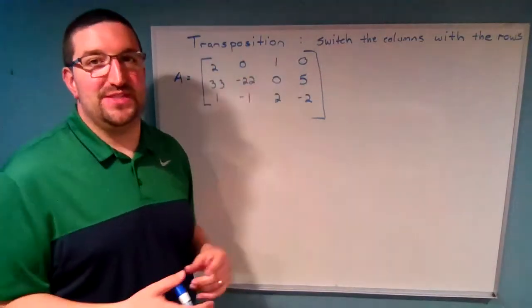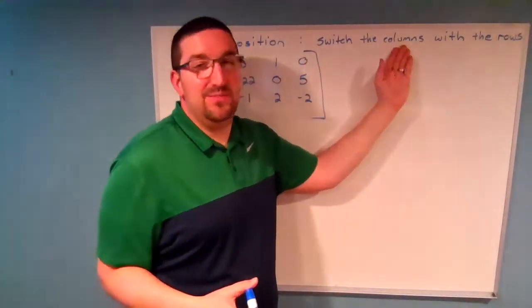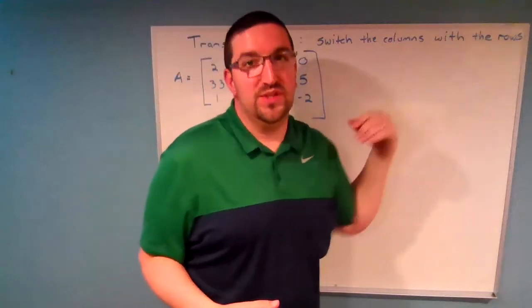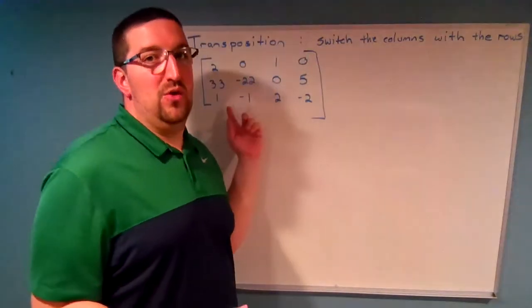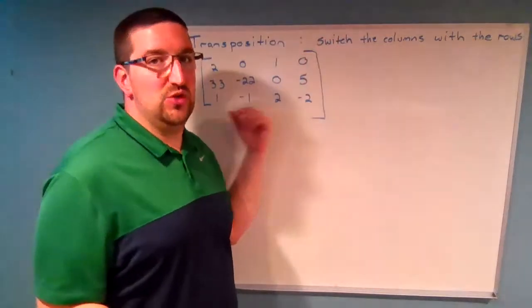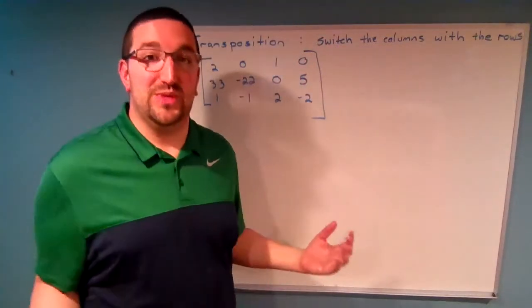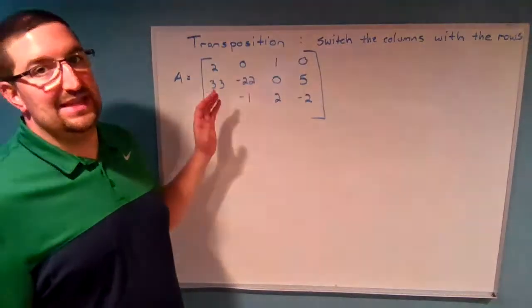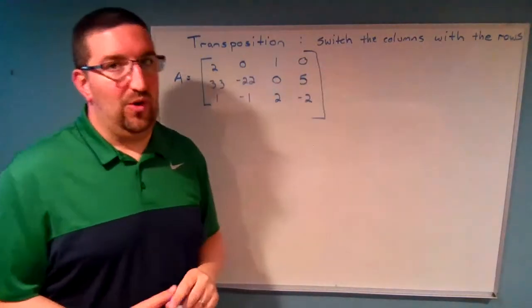A transposition of a matrix is where you switch the columns of a matrix with the rows. So row 1 becomes column 1, row 2 becomes column 2, and row 3 becomes column 3. You could do it the other way and say that column 1 would become row 1. It would all work out.